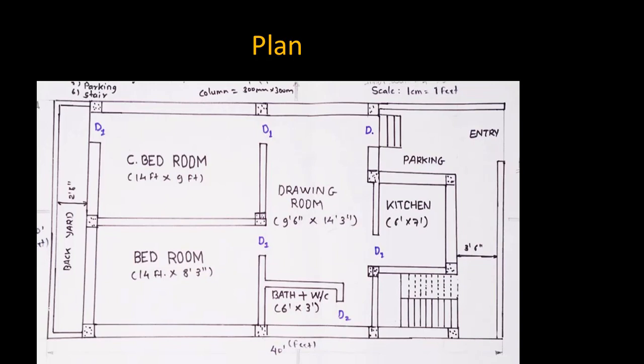The second difference is that the sketch is totally based on spot observations, whereas a plan is based on actual data. The third difference is that a plan is an actual drawing of a small area, whereas a sketch is a rough drawing of a large area.